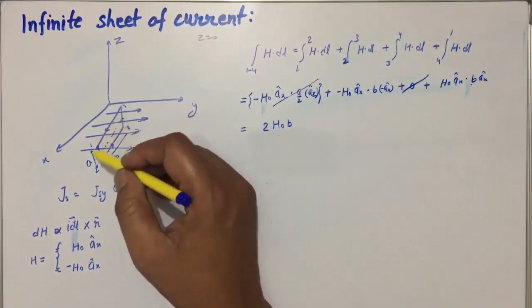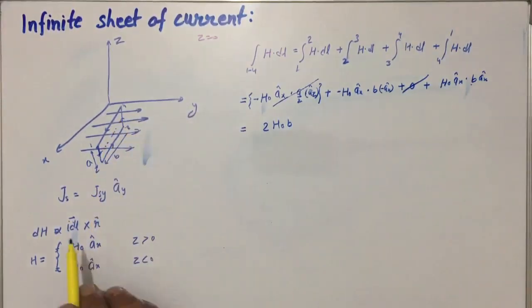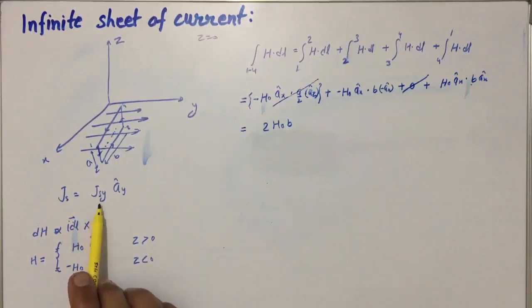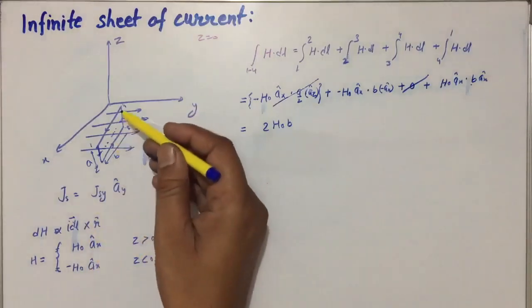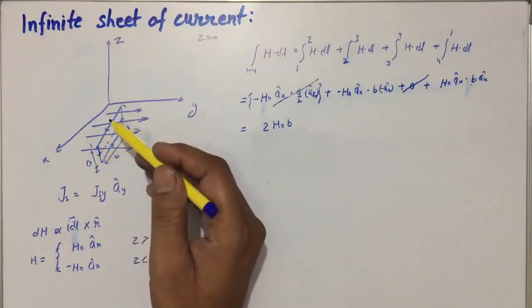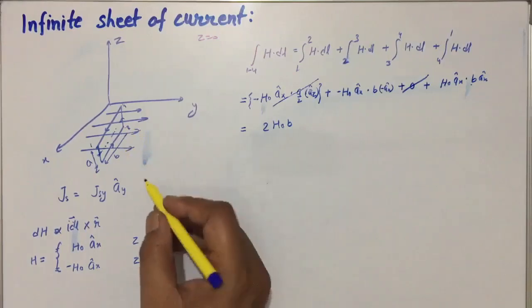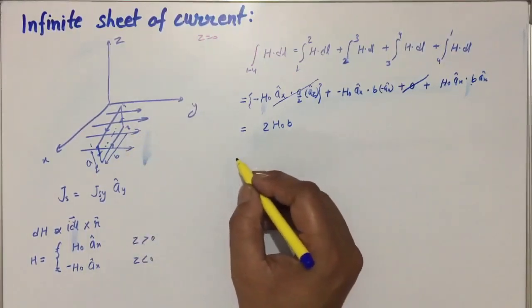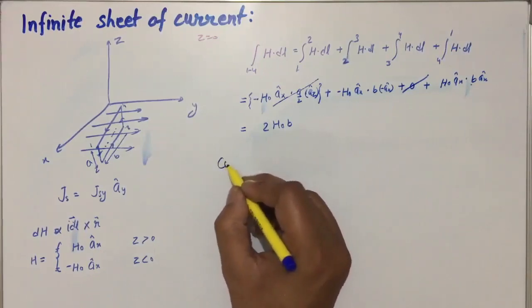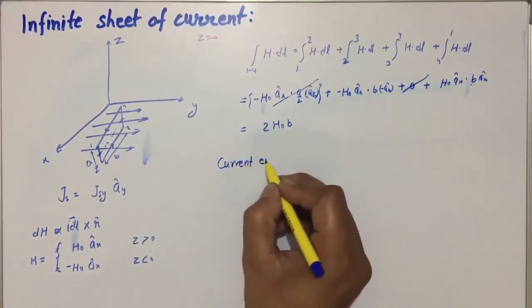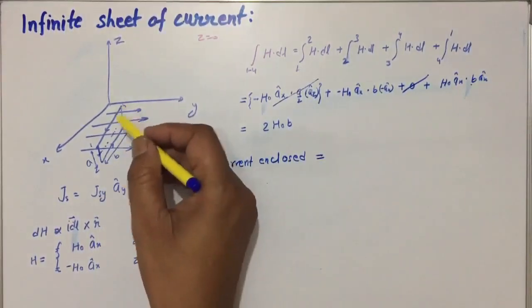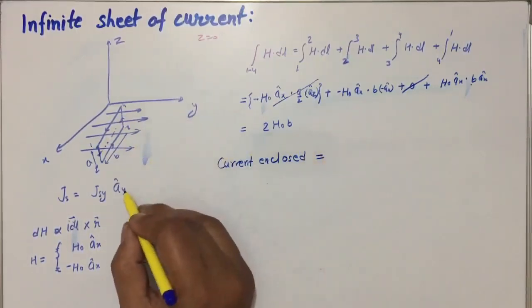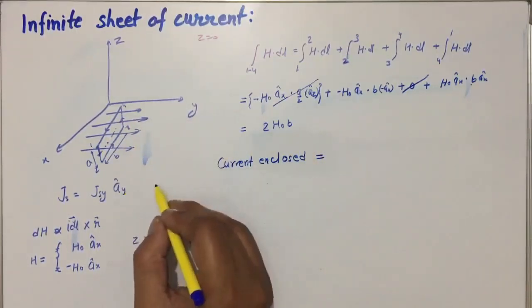this Amperian path. If the current is given in the direction of y, J is y in the direction of y, then for this Amperian path, the current enclosed will be this times this length, as it is moving in the direction of y only.